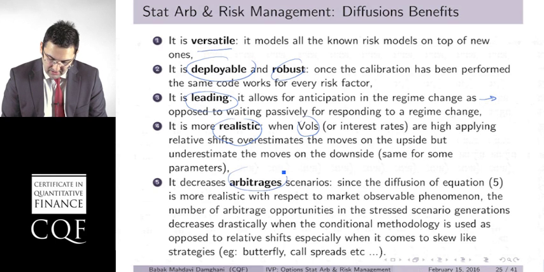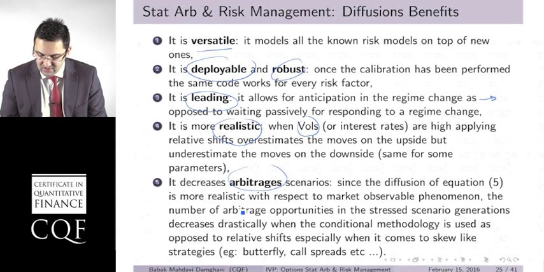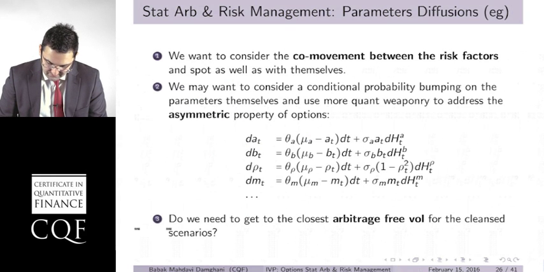And also in risk, when you create that kind of more realistic diffusions, the arbitrage scenarios that you get are much less in number than if you were to use just traditional diffusions, which take a look at movements on the upside and downside without any bias. Okay? So these are different ways of applying that trading formula to the different parameters of the IVP model.